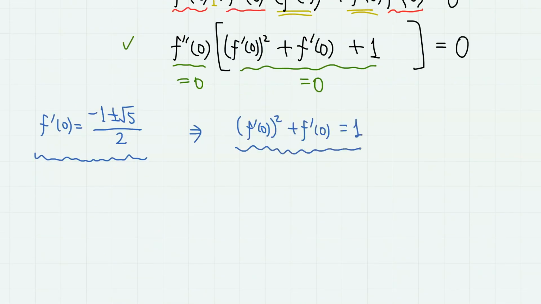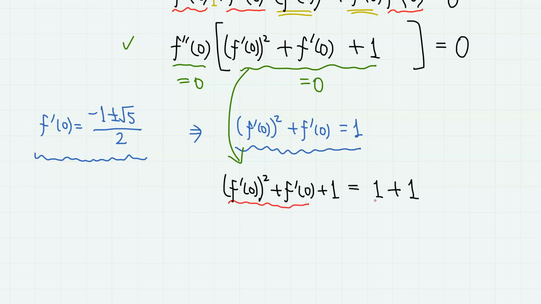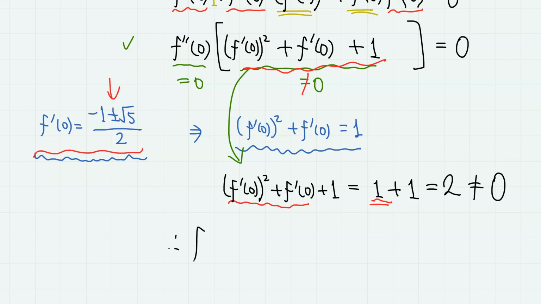Therefore, this part, f'(0) squared plus f'(0) plus 1 equals 1 plus 1, which is 2, which is obviously non-zero. Therefore, this part cannot be 0. Therefore, for either case, regardless of the value of the first derivative, we have f''(0) equals 0 from here.